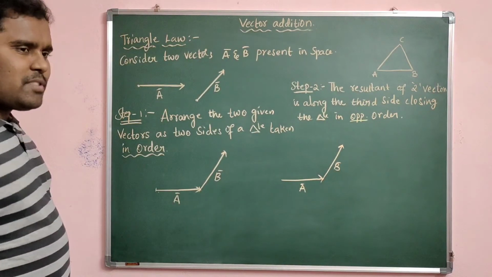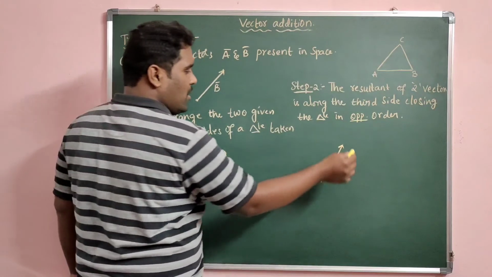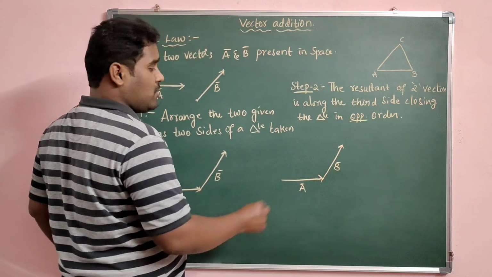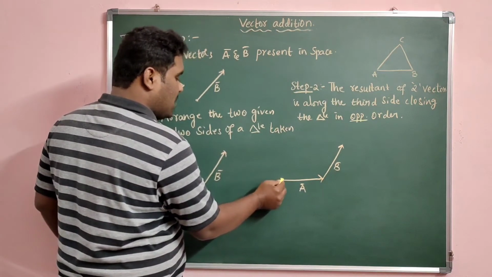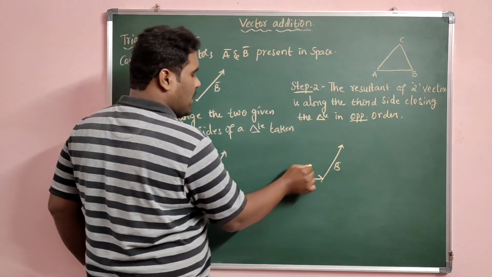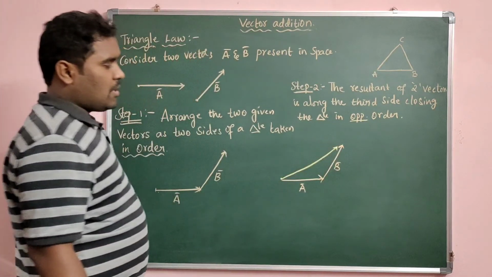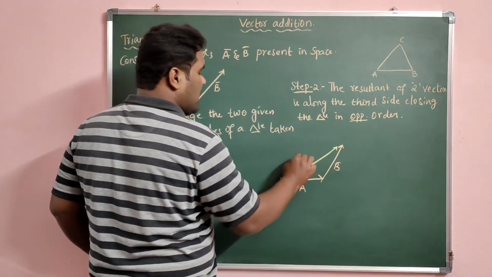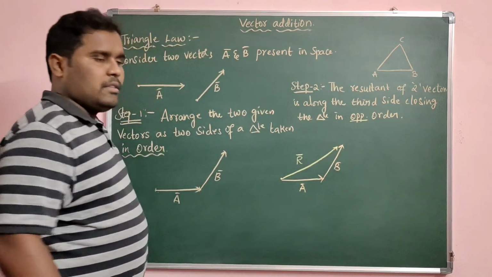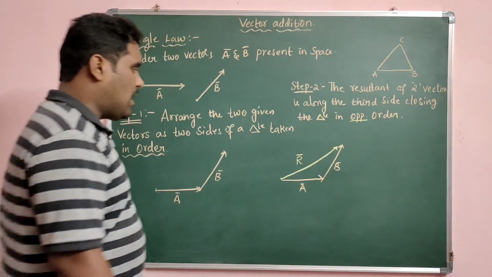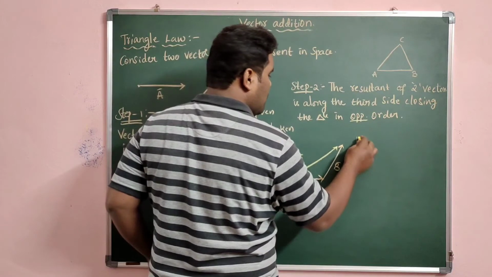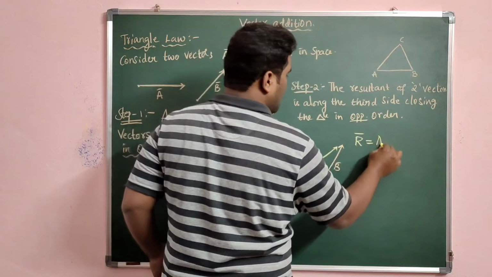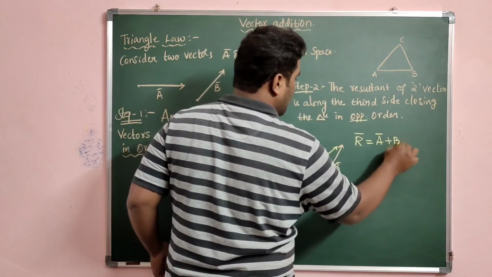Now if it is of the same order, what should happen? In the same order, a vector should start here and end here, but it is in opposite order. So it starts at this position and ends at B bar, and this is your resultant R bar. This constitutes R bar equals A bar plus B bar.